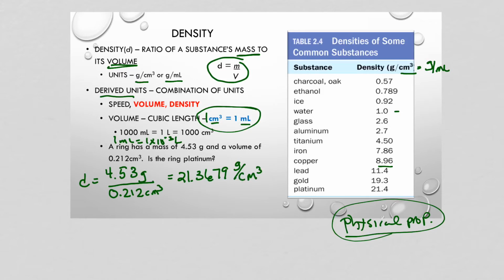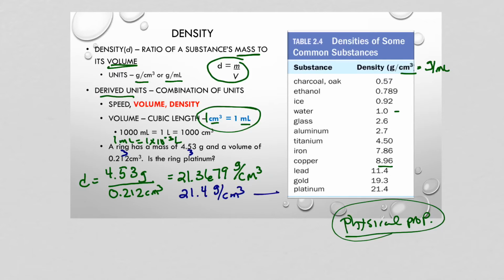Now, we always want to think about significant figures. So if I look at my numbers here, this number has 3 significant figures. This number also has 3. So that means my answer can have 3. And so this would be 21, the 3, the 6 tells me to round it up, 21.4 grams per cubic centimeter.